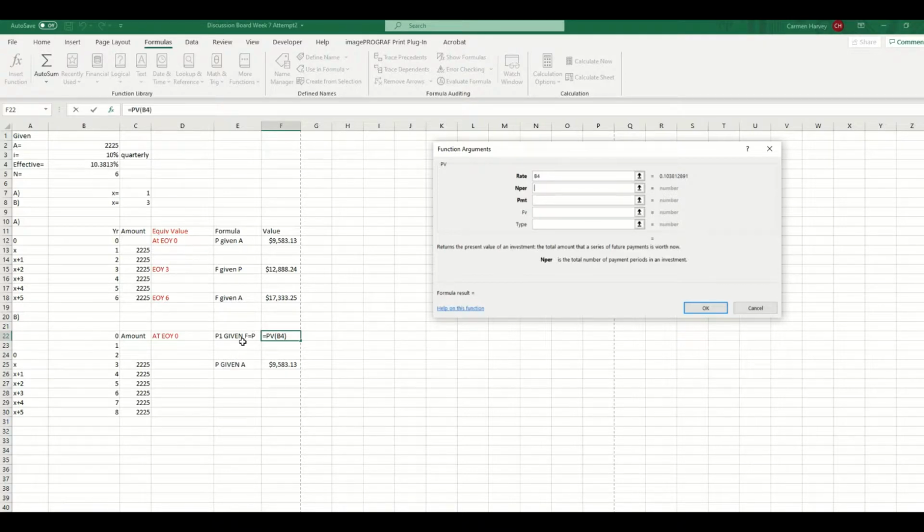So since we're finding the end of year 0, which would be right in here, that will be using value 2, and we're actually going to be using this FV, since this is given F, which is this P, so it's going to be this number here. If you make that negative, it'll be in the black.